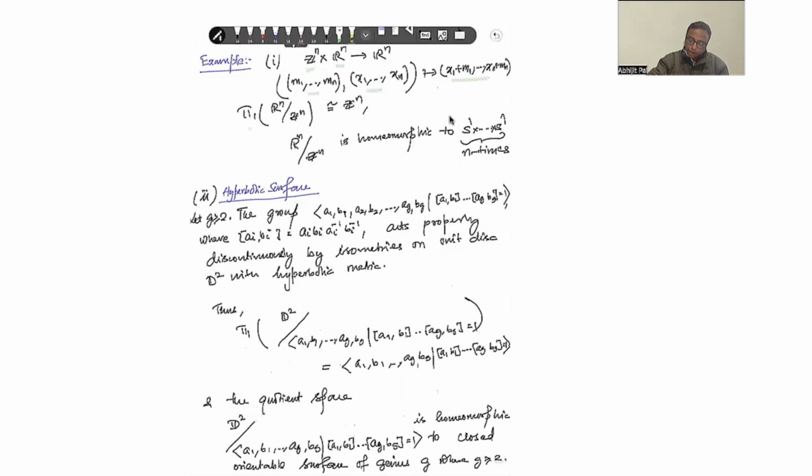Therefore, the fundamental group of Rn mod Zn is isomorphic to Zn. And what is this Rn mod Zn? It is homeomorphic to S1 cross S1 cross S1 up to n times. So this is basically the n torus.